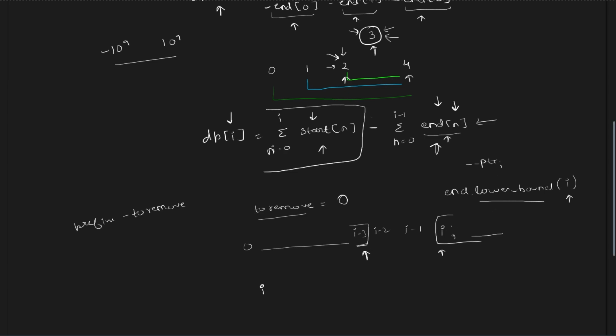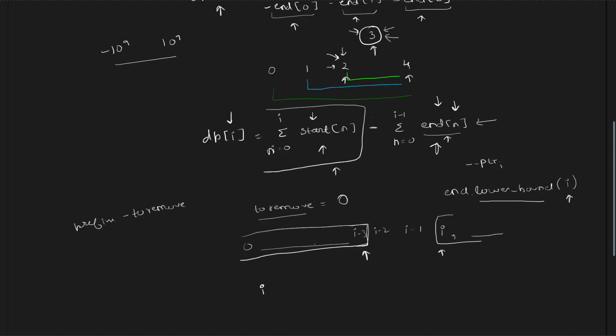So I'll get a value that is smaller than I, and since it is a prefix sum, I'll get all the summations from 0 to that particular value. So I can just subtract it from my current value of start of I, right? This is how I'm going to create the answer for the index I.